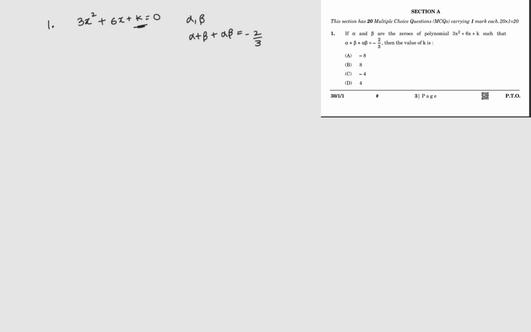Okay, so we know this identity. For ax square plus bx plus c equal to 0, a quadratic equation, where alpha comma beta are the roots of the equation, we know that the sum of the roots is equal to minus b by a, and the product of the roots is equal to c by a.